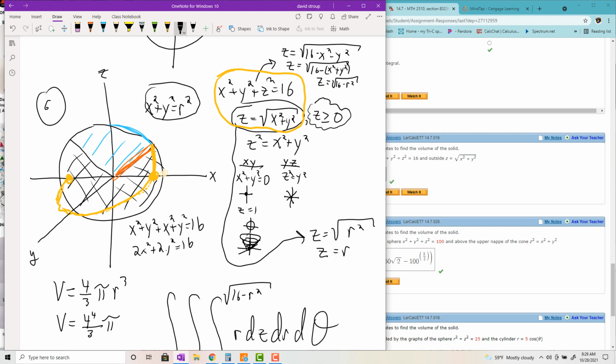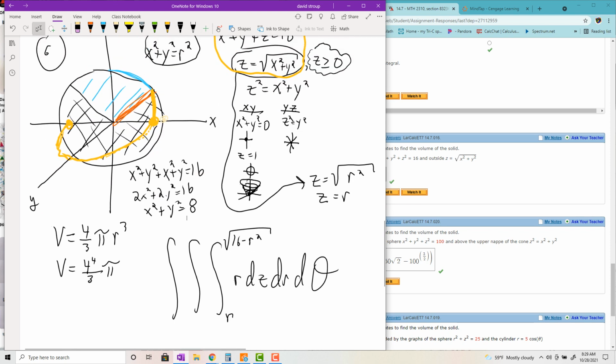I just need the radius. So divide everything by 2 and I get 8. So the radius is square root of 8 of that circle. So in the xy plane you have a circle with radius r. I just need the polar equation for that graph.